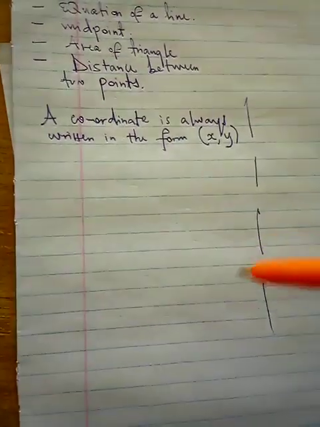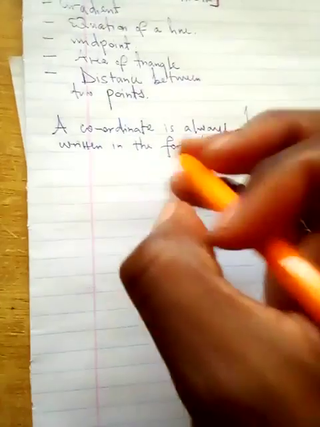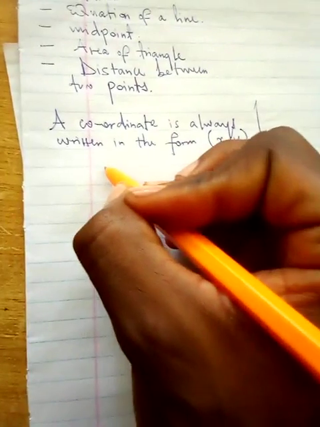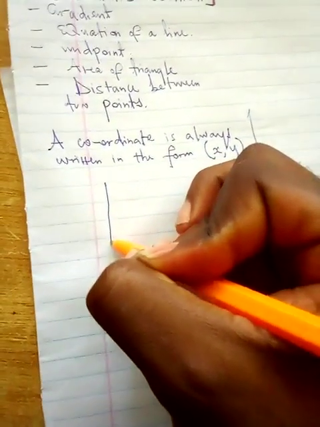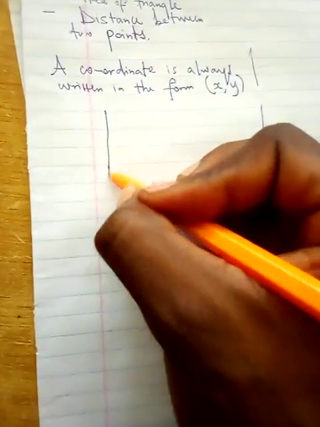Okay, a coordinate is always written in the form x comma y, which means that you can be given your y-axis in this way.